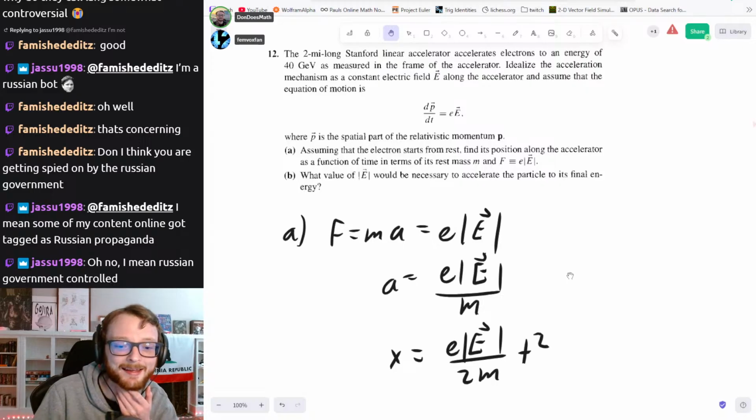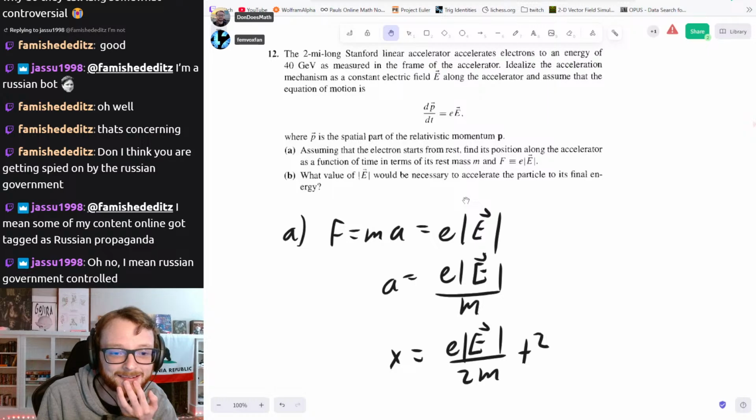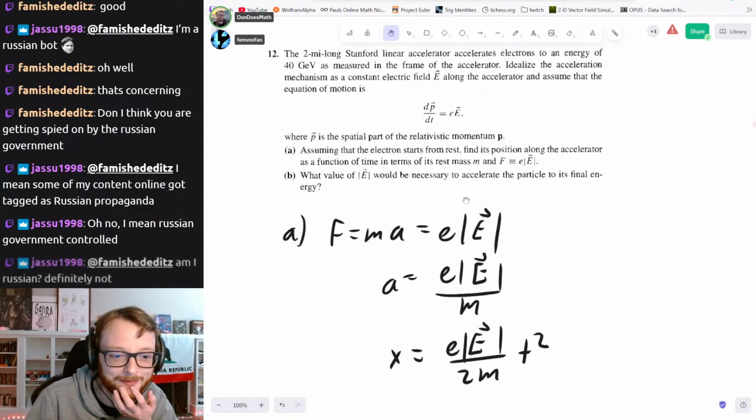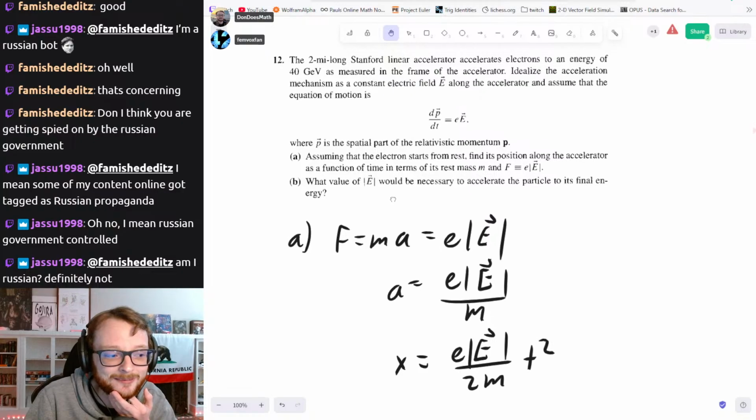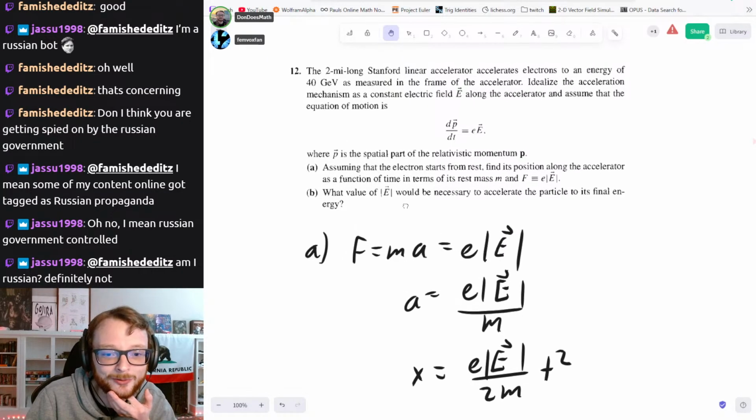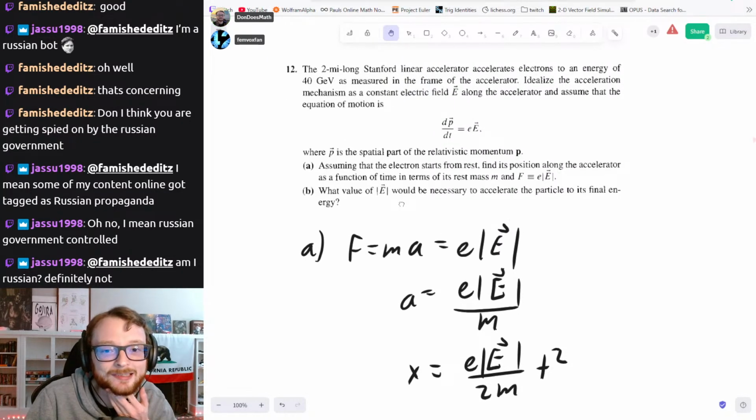I don't know what else we could possibly do for A. I'm just gonna start thinking about B, but if I'm wrong about A, that's very likely. What electric field would be necessary to accelerate a particle to its final energy?